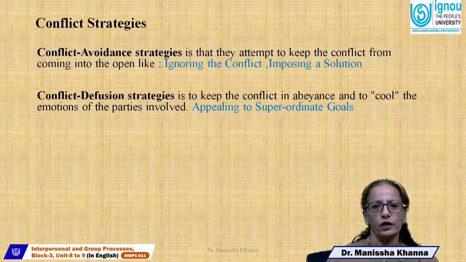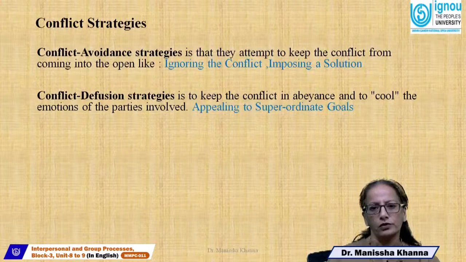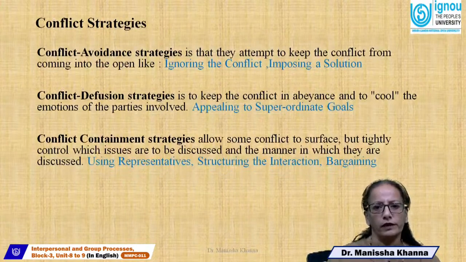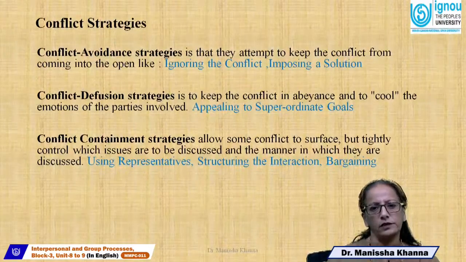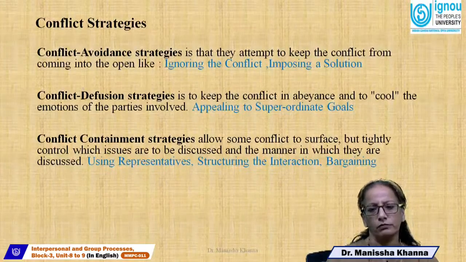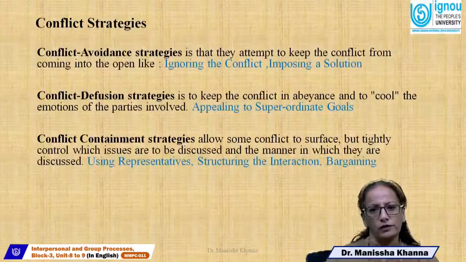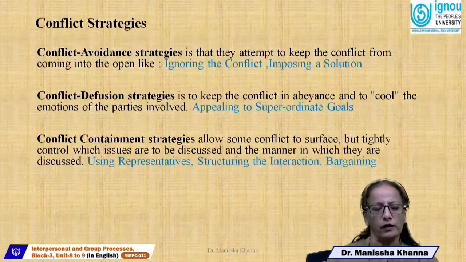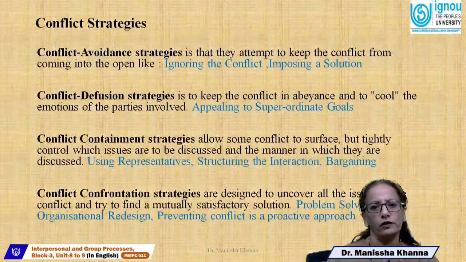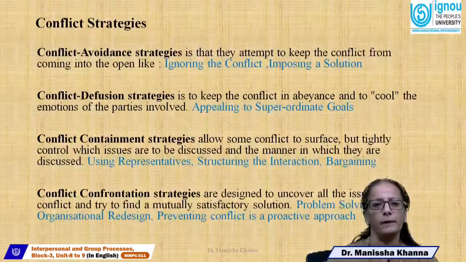Conflict diffusion strategies refer to appealing to superordinate goals. Then conflict containment strategies refer to using the representatives and structure of the organization, or it depends on the bargaining power of the two parties. Then conflict confrontation strategies refer to organization redesigning.